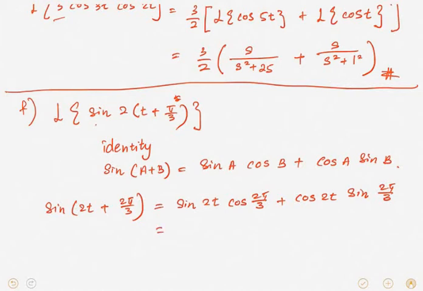So this is equivalent to, okay, cos 2 pi over 3. Make sure you change the degree to radian. So cos 2 pi over 3, you will obtain negative half. So sine 2t times negative half, plus, okay, sine 2 pi over 3, you will obtain square root of 3 over 2.